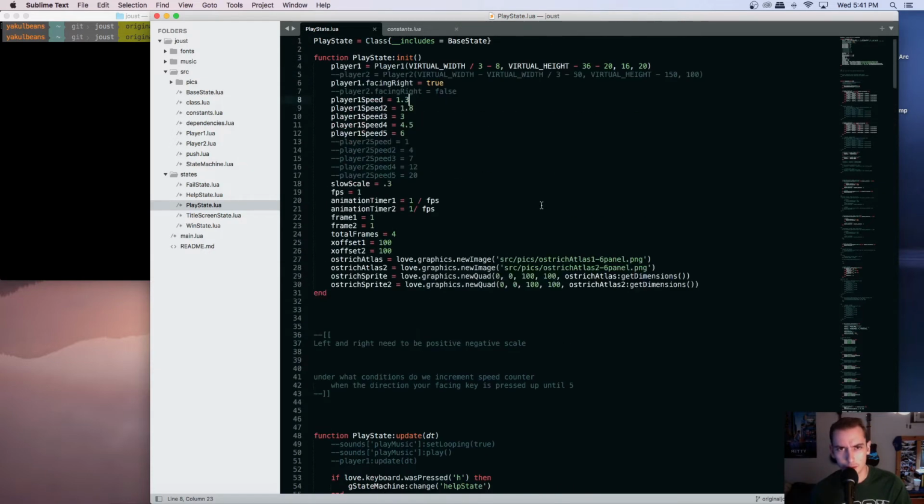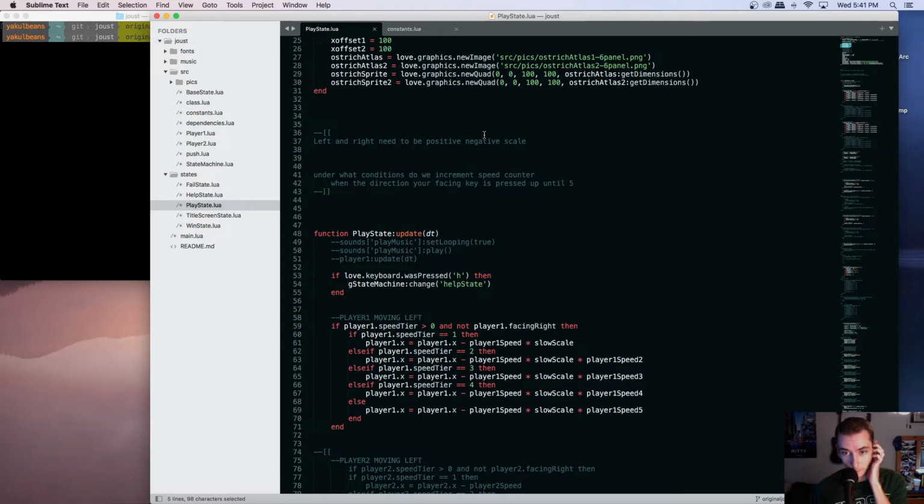I'm just going to calculate what these speeds are because they're correct. I just want to make sure I can recreate that. I'm going to grab a pencil real quick here.